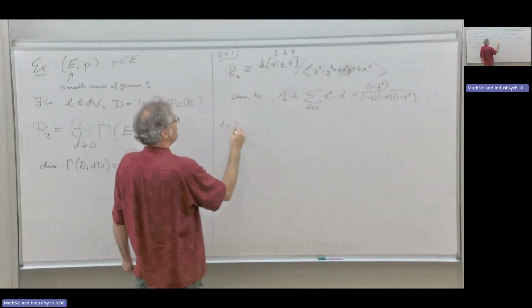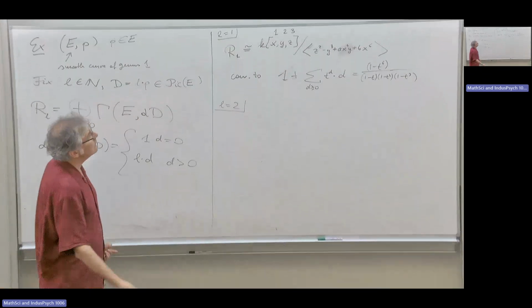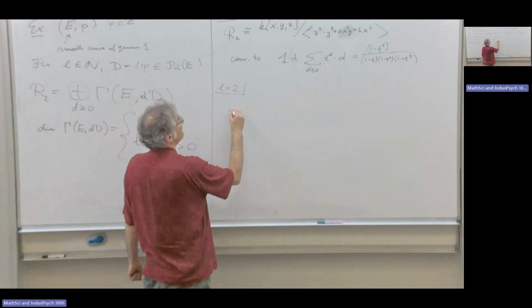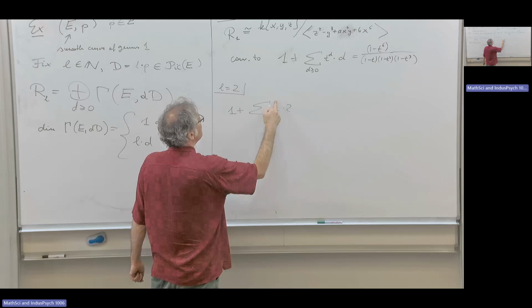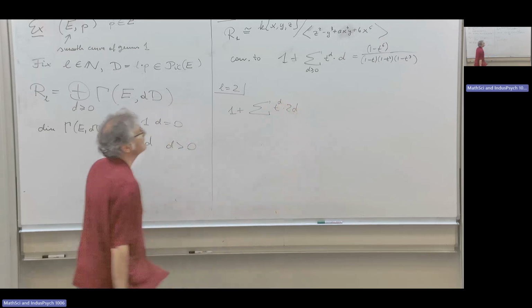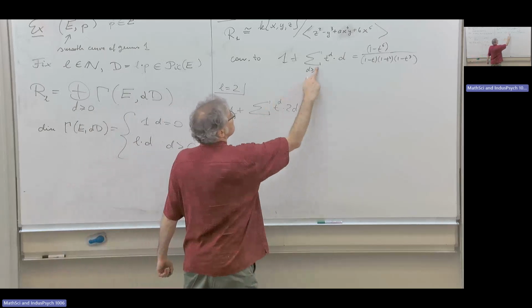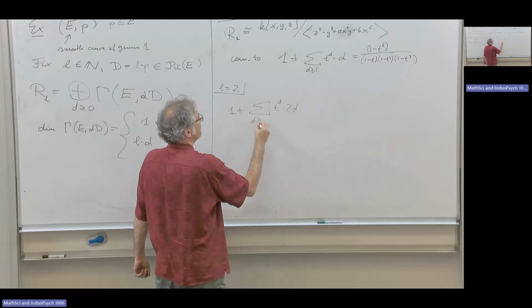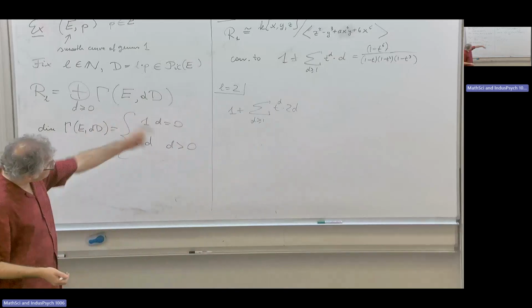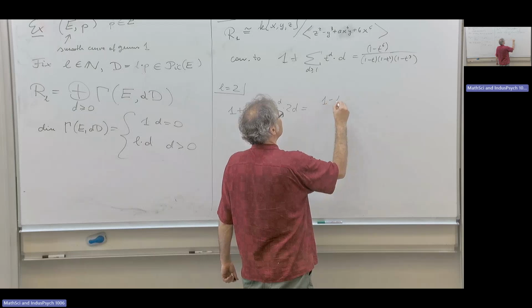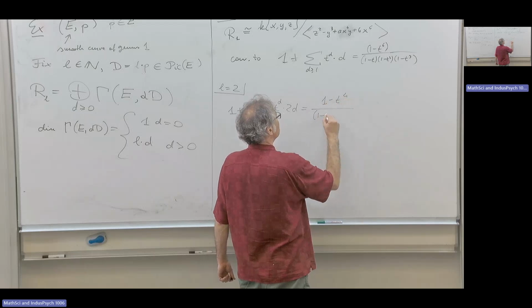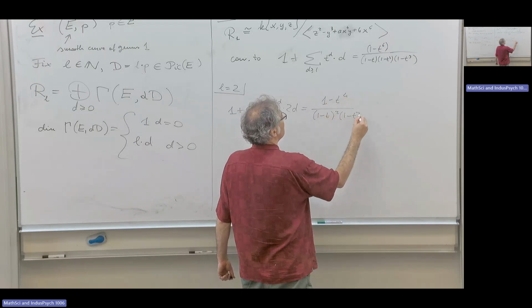For L equals 2, I think I stated this also. So the Hilbert series is 1 plus the sum of t to the d times 2d, d greater or equal to 1, sorry. So if you compute this, then you get 1 minus t to the 4 over 1 minus t squared, 1 minus t squared.